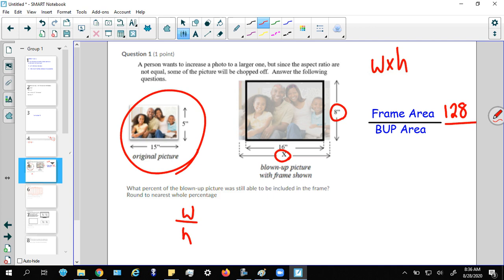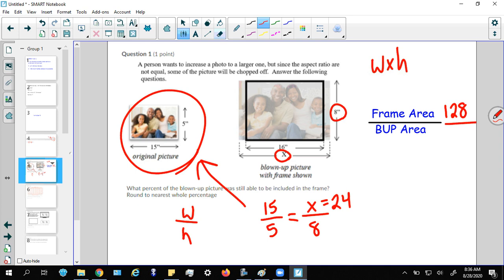So off to the side, remember, I always create a proportion based off width times height. So I'm going to put 15 over 5 from that picture, and then it's equal to, I don't know what the width is, x over 8, which is the height. Cross multiply and solve. X ends up being 24.